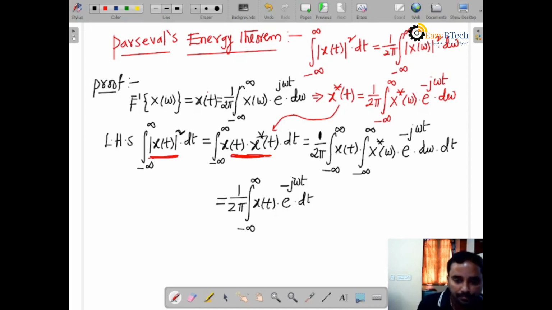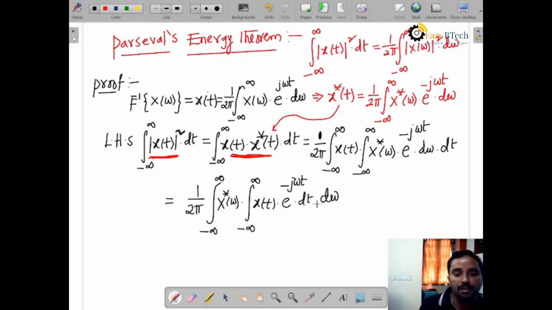Again we can write the integral of x star omega and this total d omega, and outside we have 1 by 2 pi.